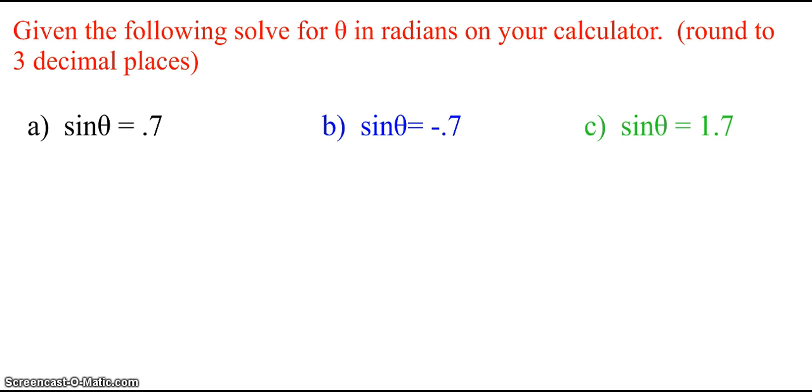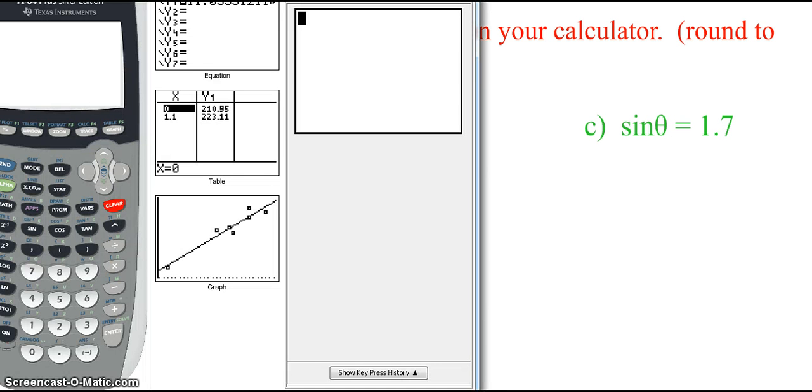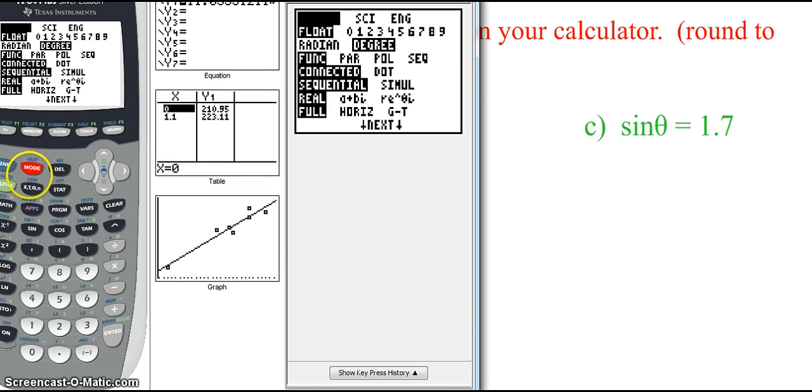Next we'll do a little experimentation. Given the following, solve for theta in radians on your calculator, rounding to 3 decimal places. We have sine of theta is 0.7, sine of theta is negative 0.7, and sine of theta is 1.7. Go to your calculator and change your mode to radians because we want our answer in radians.